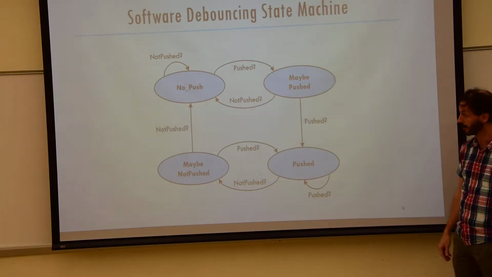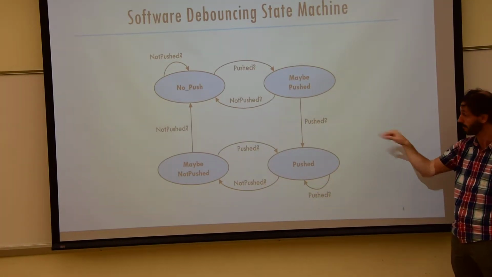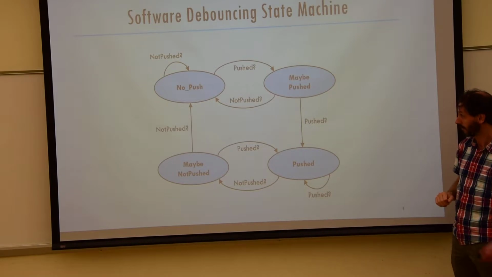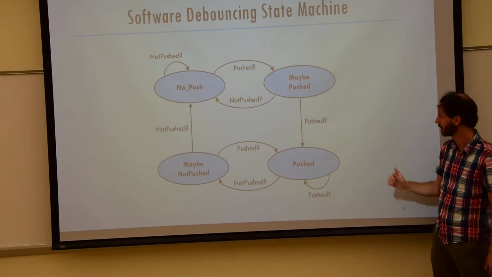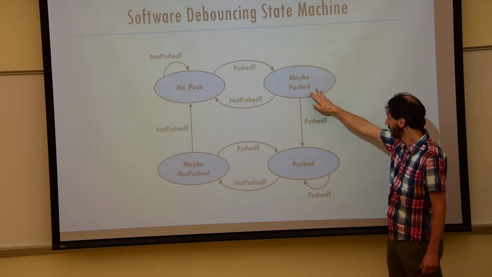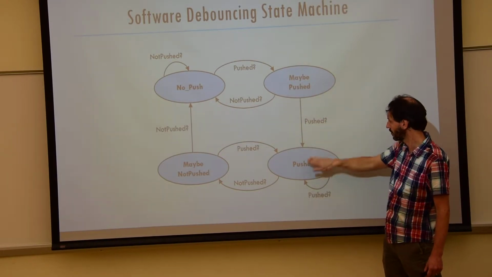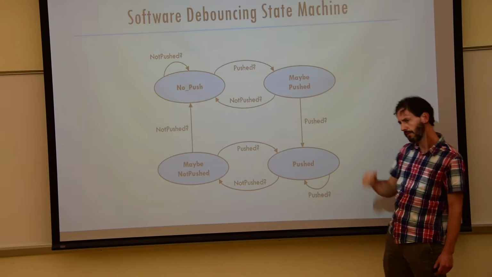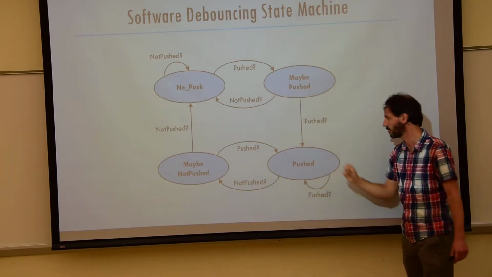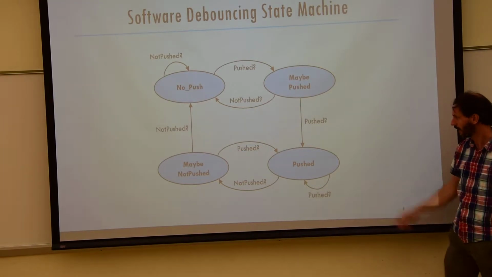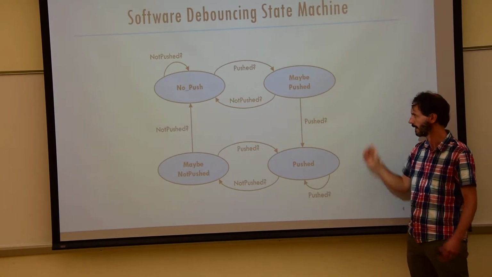Now in this particular finite state machine, you can also clearly see where you could add more things along the edges. For example, if I see here an arrow from maybe pushed to pushed, then I know for sure I transitioned from no push to maybe push to pushed. And then I can add something over here, like an event.